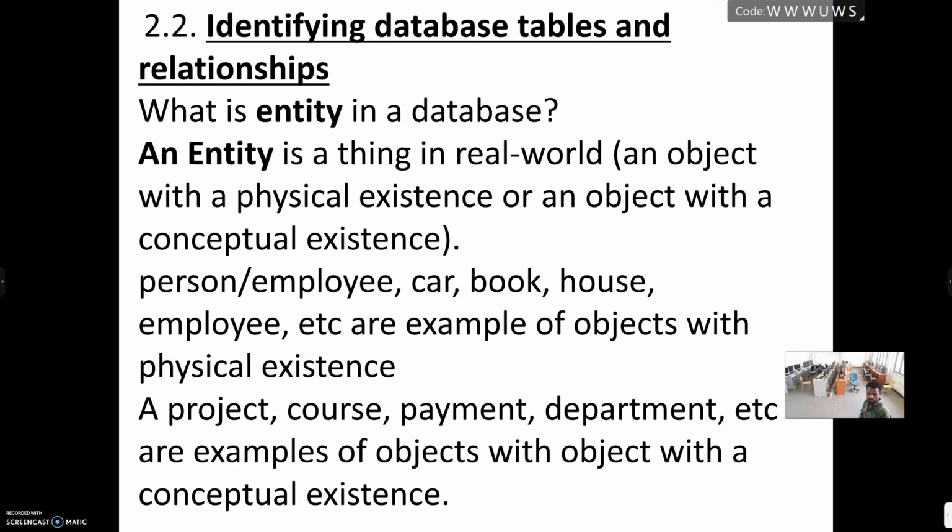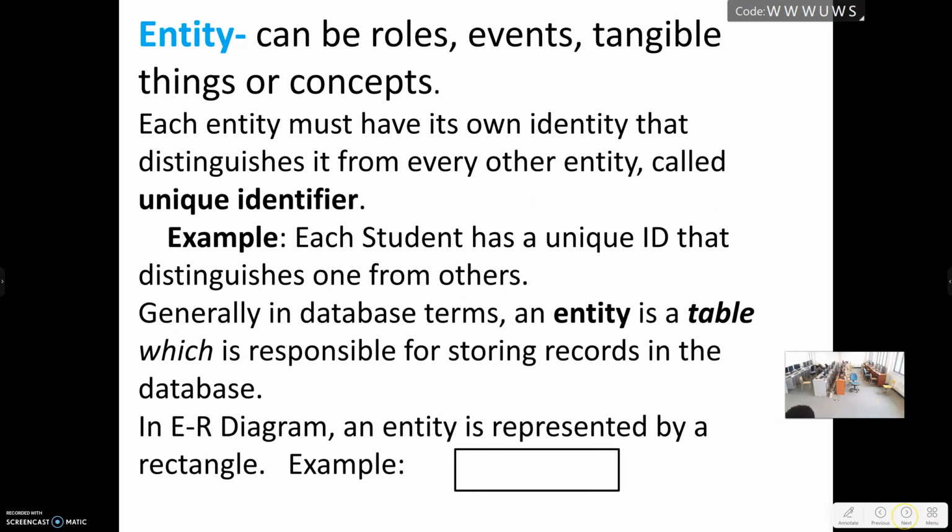A project, course, payment, and department are examples of objects with conceptual existence, and are examples of entities. An entity can be a role, an event, a tangible thing, or a concept. Each entity must have its own identity that distinguishes it from every other entity, called an entity unique identifier.